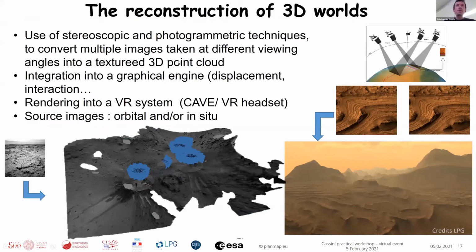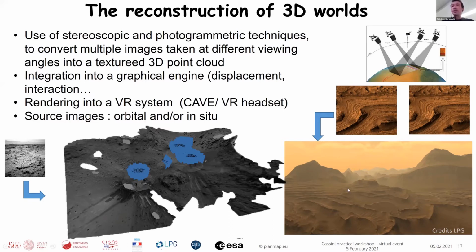So first, one important thing is the creation of 3D worlds. For those who were there this morning, it was quite widely discussed already. What you need is at least a pair of 2 images taken from different viewing angles. So if we take orbital images, then you need at least 2 viewing angles to be able to compute a digital elevation model that you can compute with specific software, such as the Socet Set software or the Ames Stereo Pipeline software.